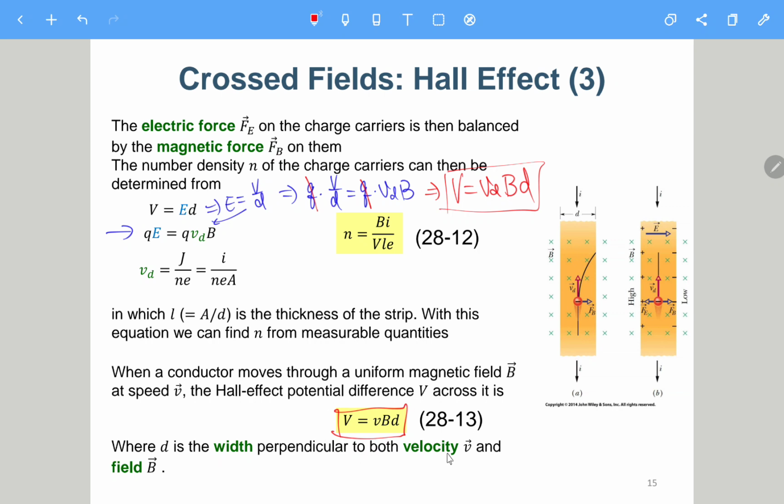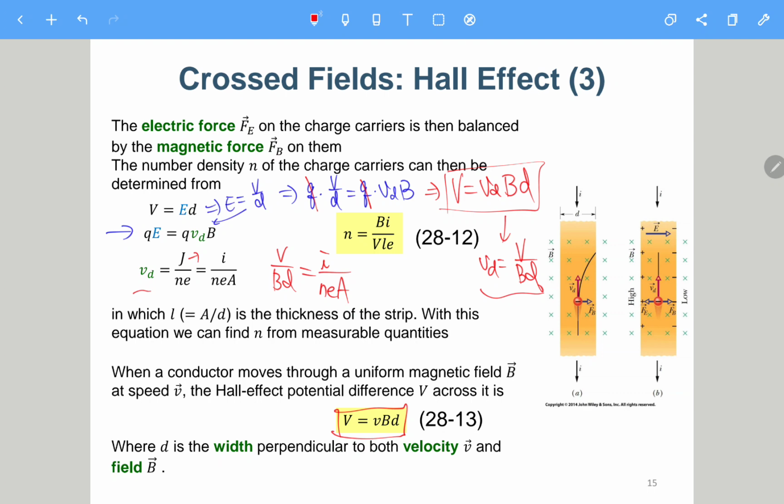We can also move Vd to be V over Bd and plug this into here. So we will have V over Bd equals J over ne, where J is the current density, which is I over A. So we have I over neA.